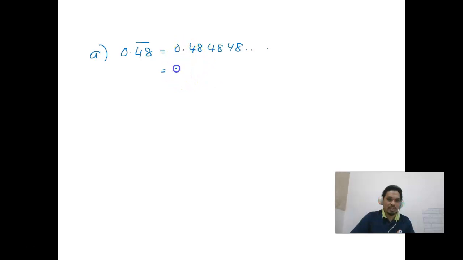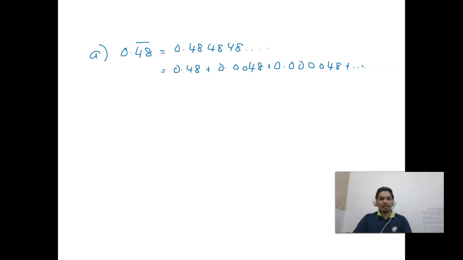The first one is 0.48 plus 0.0048 plus 0.000048, another two zeros, 48, and so on. So now what you can see here is a pattern of numbers 0.48 and 48, right?